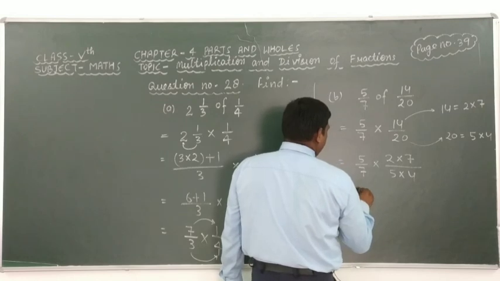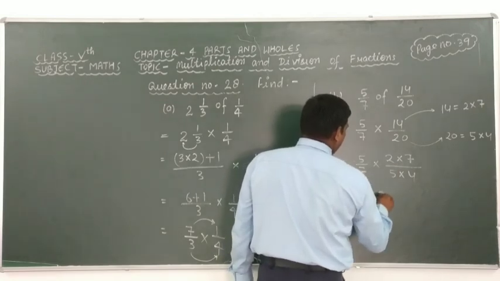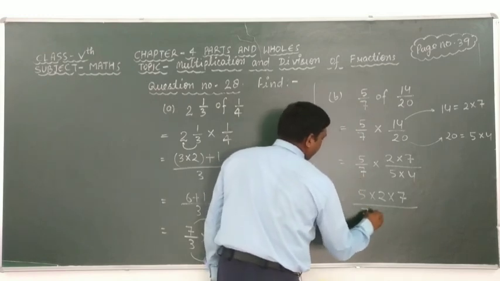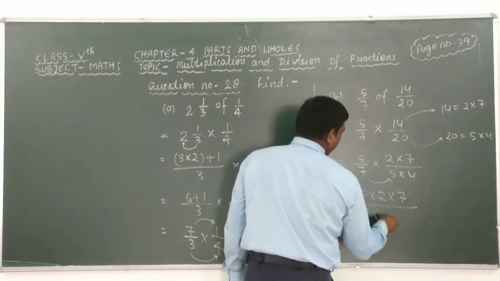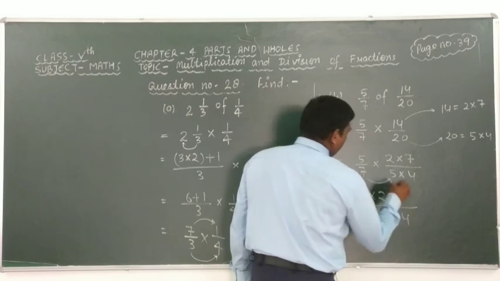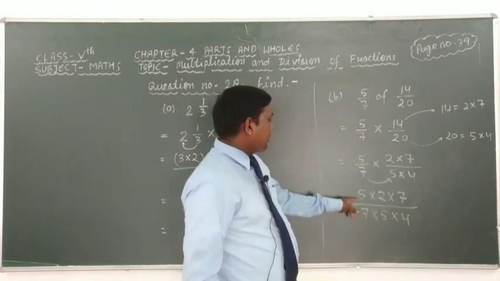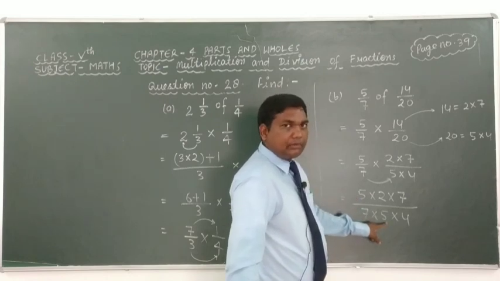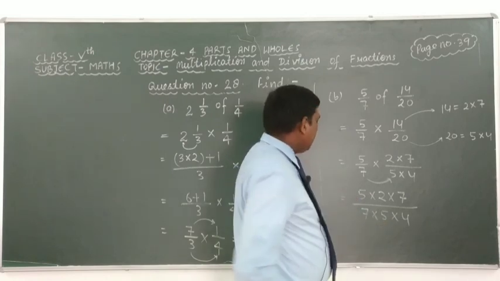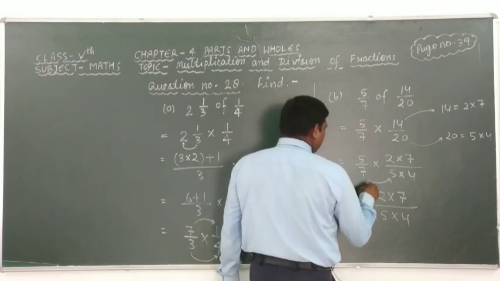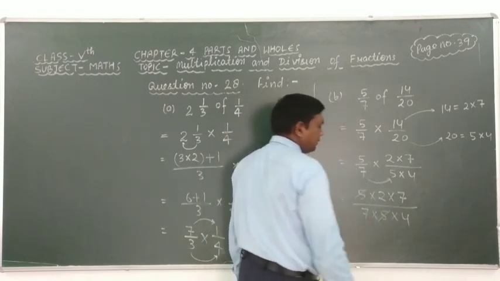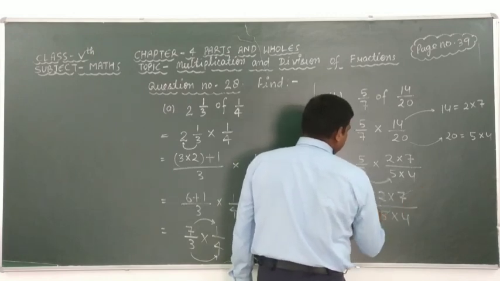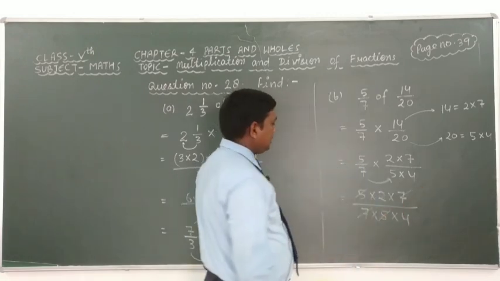Here we can take 5 multiplied by 2 multiplied by 7 over 7 multiplied by 5 multiplied by 4. Here we get 5 in the numerator and 5 in the denominator, therefore we can cancel this 5. Similarly, 7 and 7 cancel out.